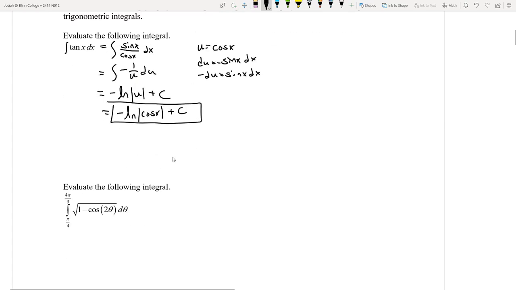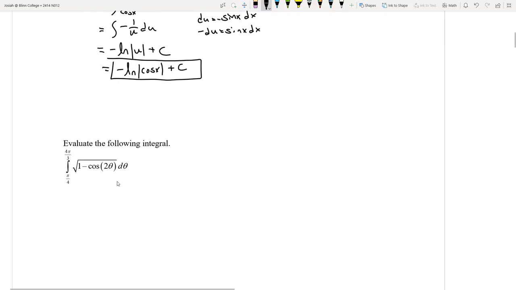For the next one, there's a couple of different options that we have here. Firstly, anytime that we have a radical here, one option that we have is to multiply by sort of an opposing radical.